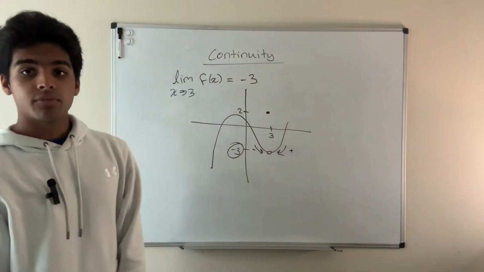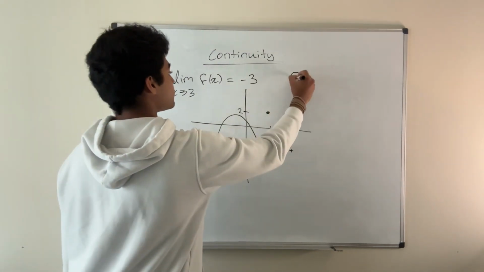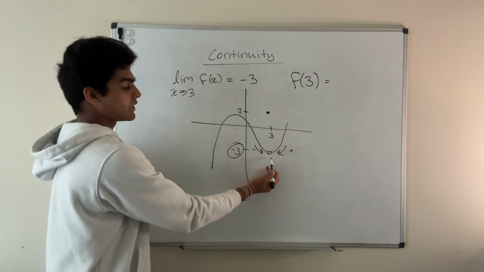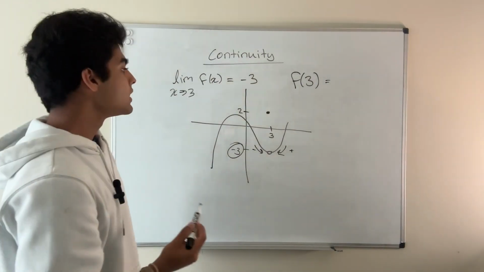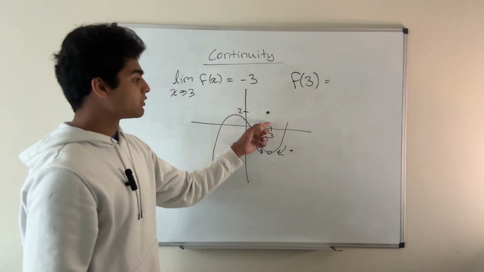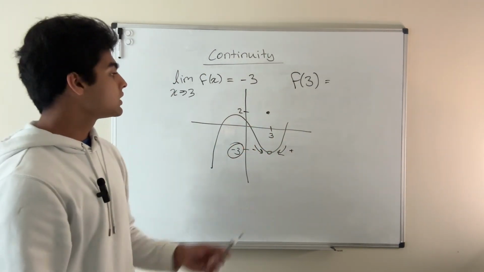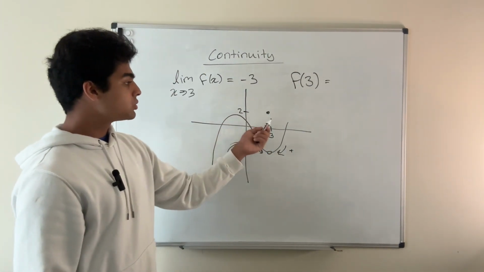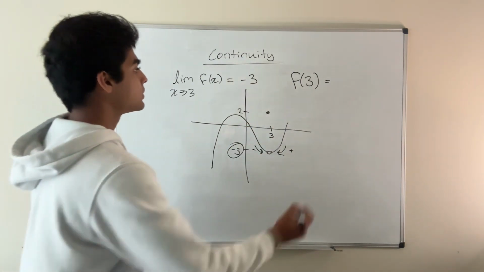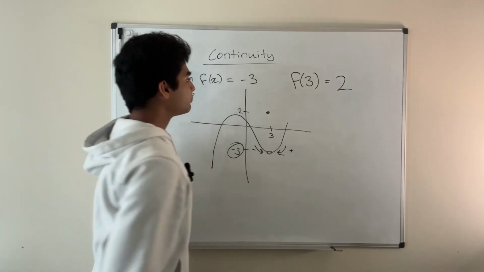Now let's see what f of 3 is. f of 3 is obviously not right here because there's a hole right there. And we can see that there's a closed dot right there, which indicates that f of 3 is at that point. So f of 3 is 2, as indicated by the closed dot. So we can say that f of 3 equals 2.